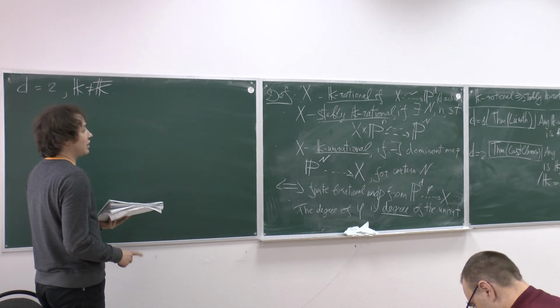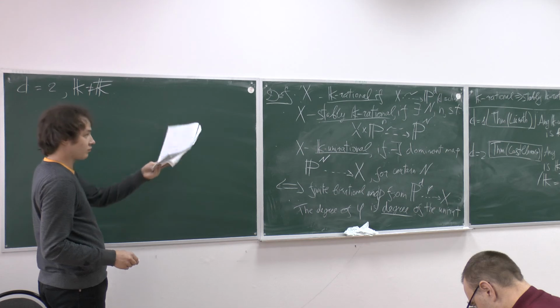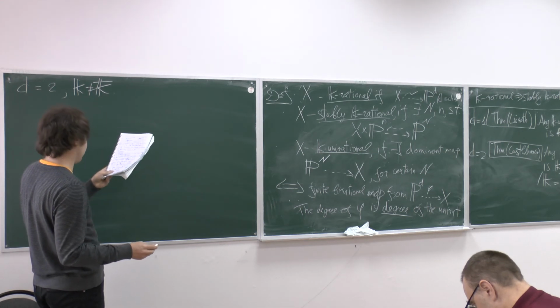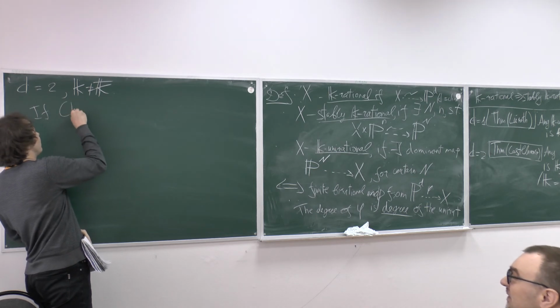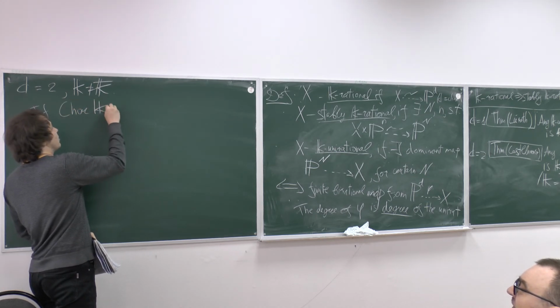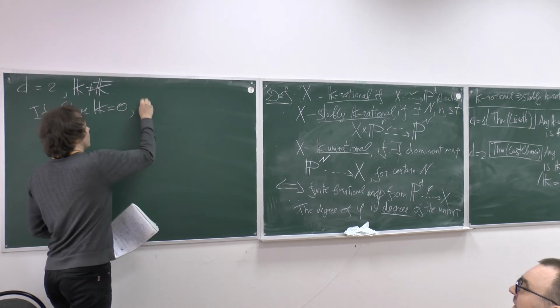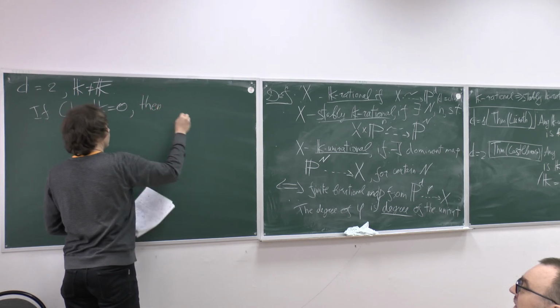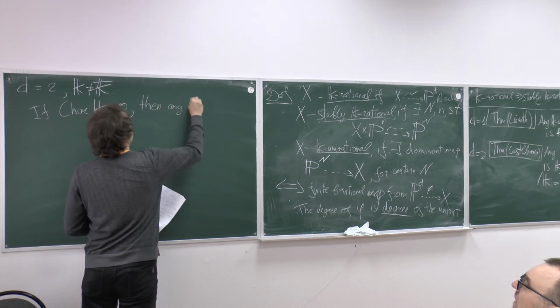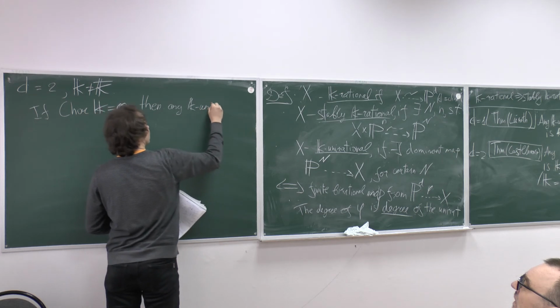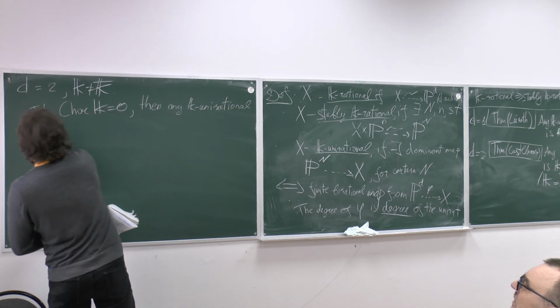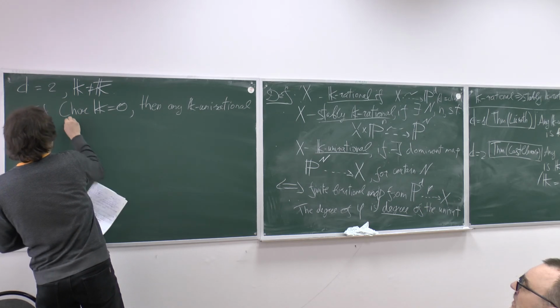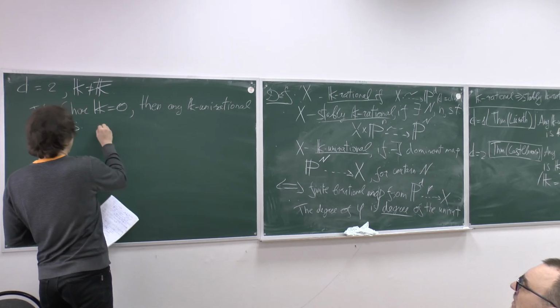Well, let's start thinking about surfaces over non-closed fields. If the characteristic of the field is equal to 0, then any k-unirational surface is geometrically rational.